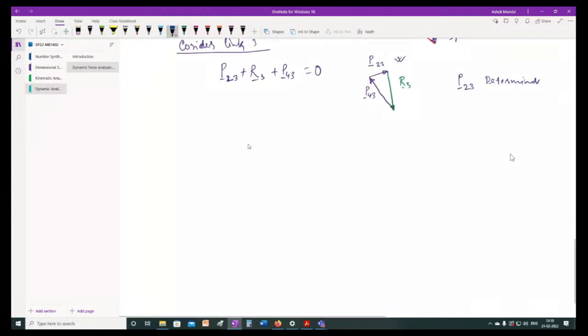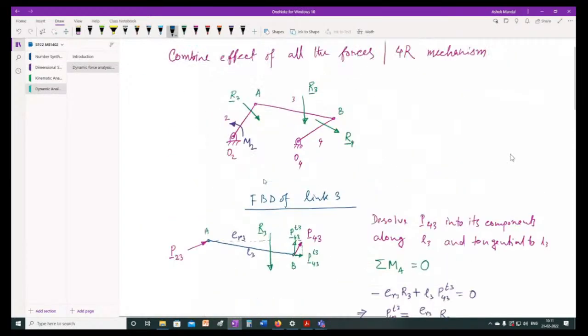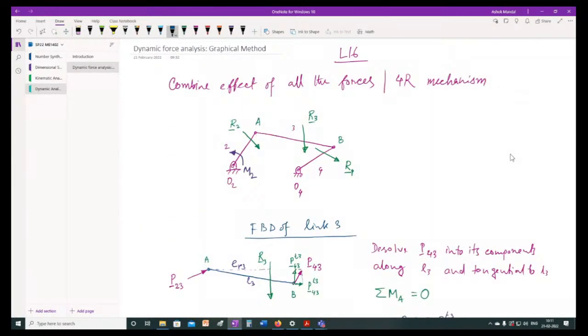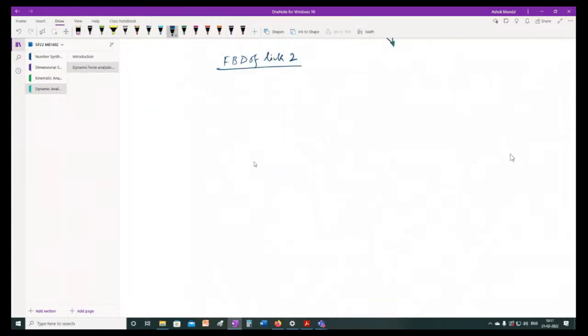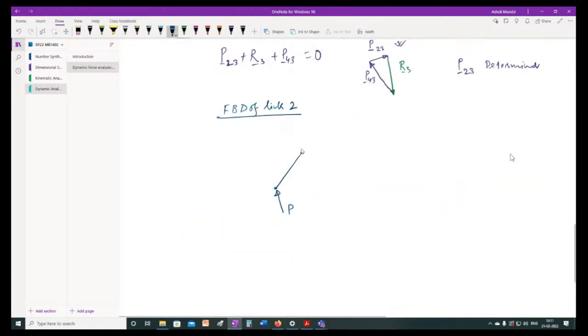The next step is to draw the free body diagram of link 2. This is link 2. It is subjected to a force acting here, which we will call P12, right?